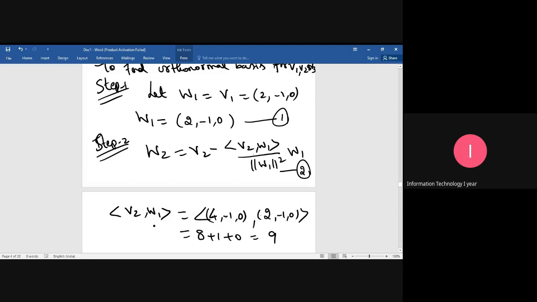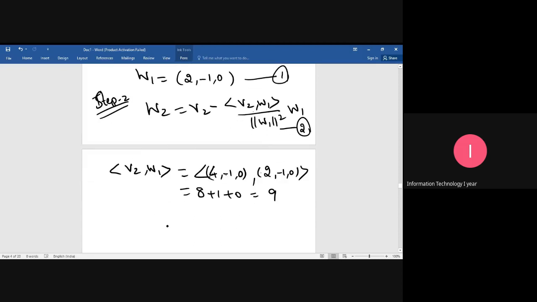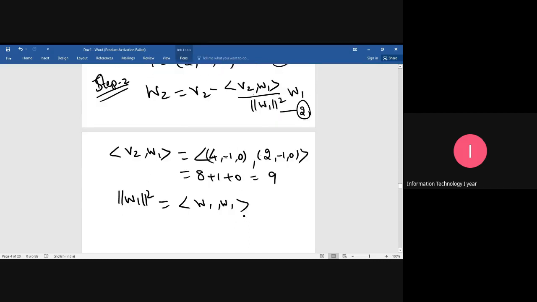Therefore, find now norm W1 square, which is the inner product of W1 and W1.